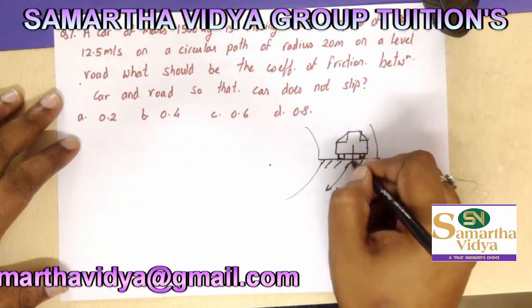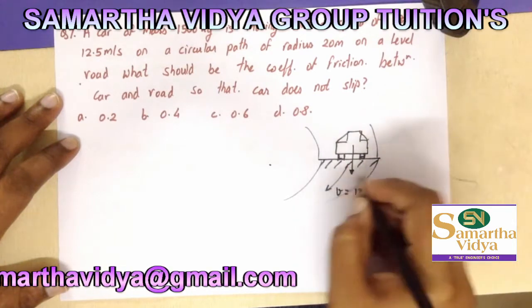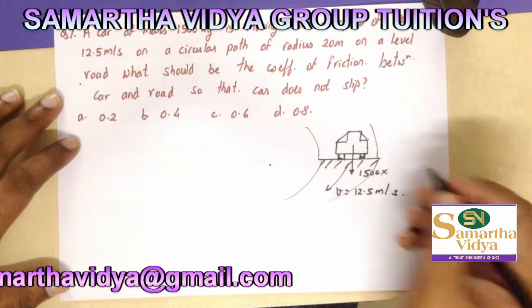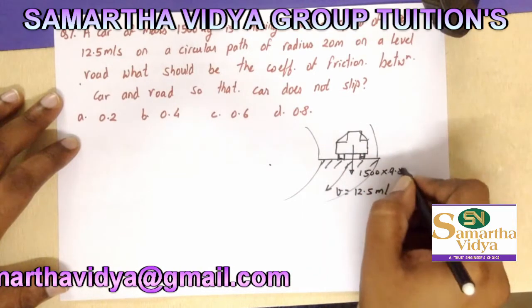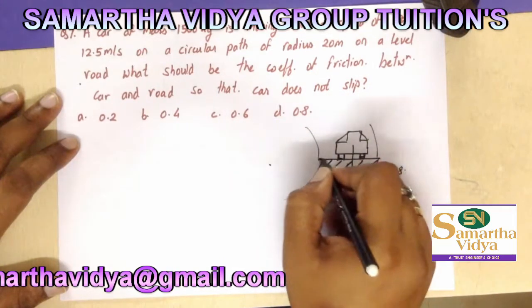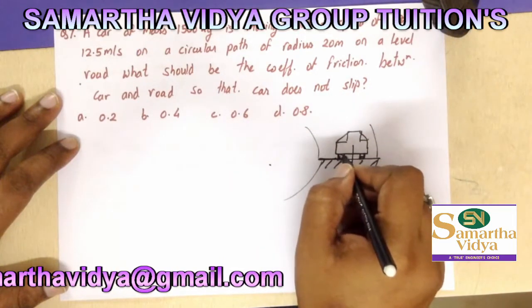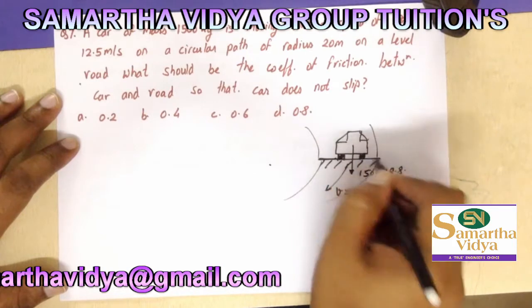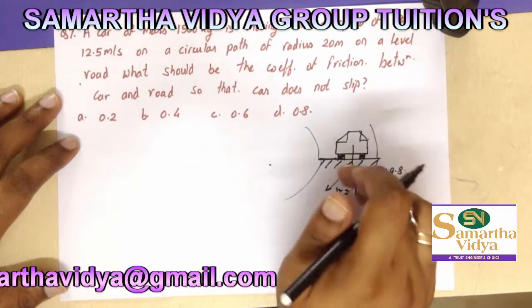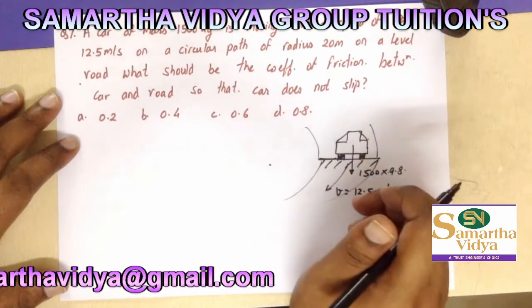It has a weight mg, which is 1500 into g, which is 9.8, and the road and the tires have some friction between them. So I need to find what that coefficient of friction between the road and the tires is.